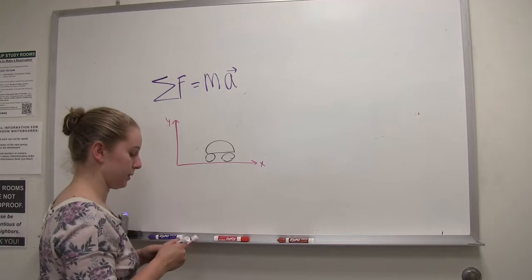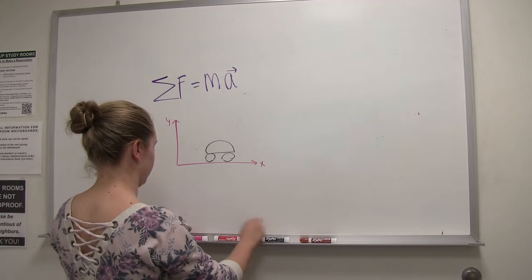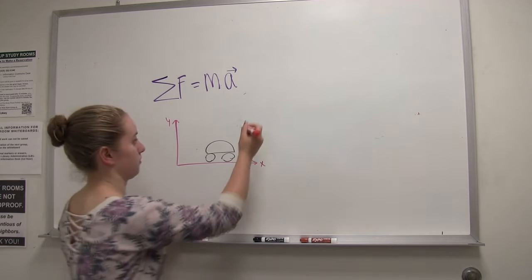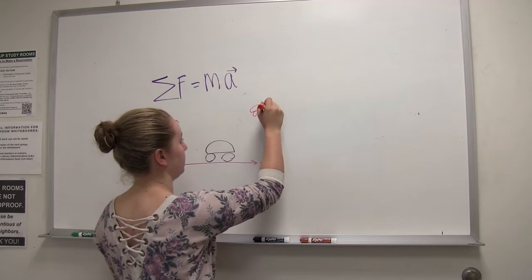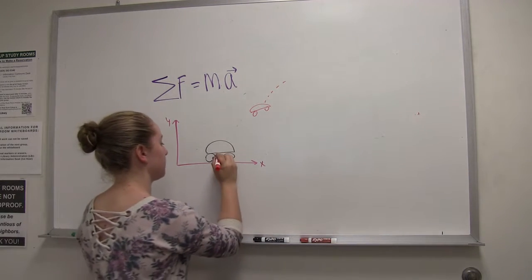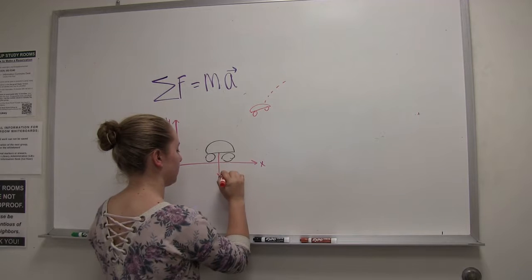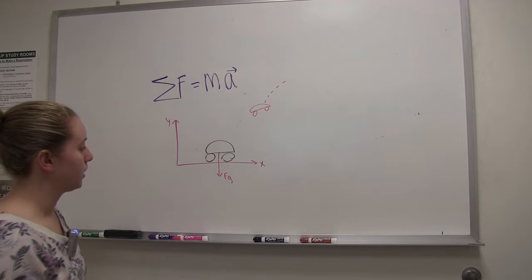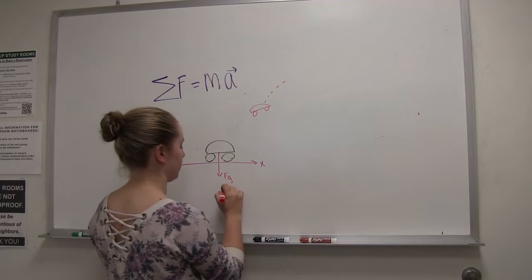So I'm going to show that with Emrod here again. The reason that Emrod doesn't float away is because of the force of gravity holding her down. Let's do "on by."